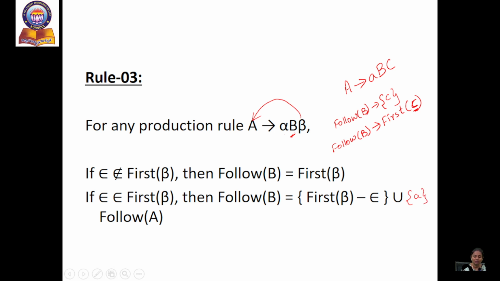If it is a non-terminal, then we take the union with first of A. But in the given rule, there is nothing at the right side of beta, so again we consider the follow of A. This is rule 3 of calculating the follow function if the production is in such a format.